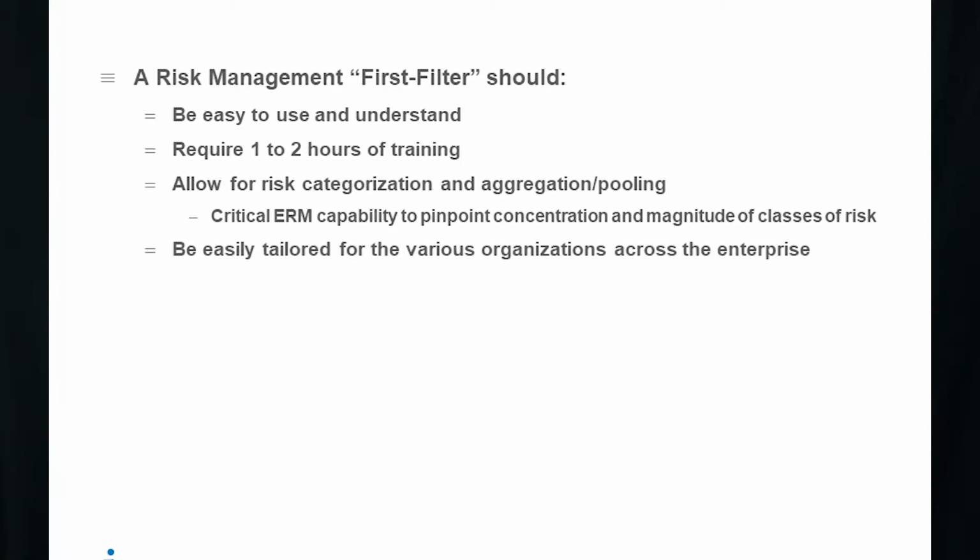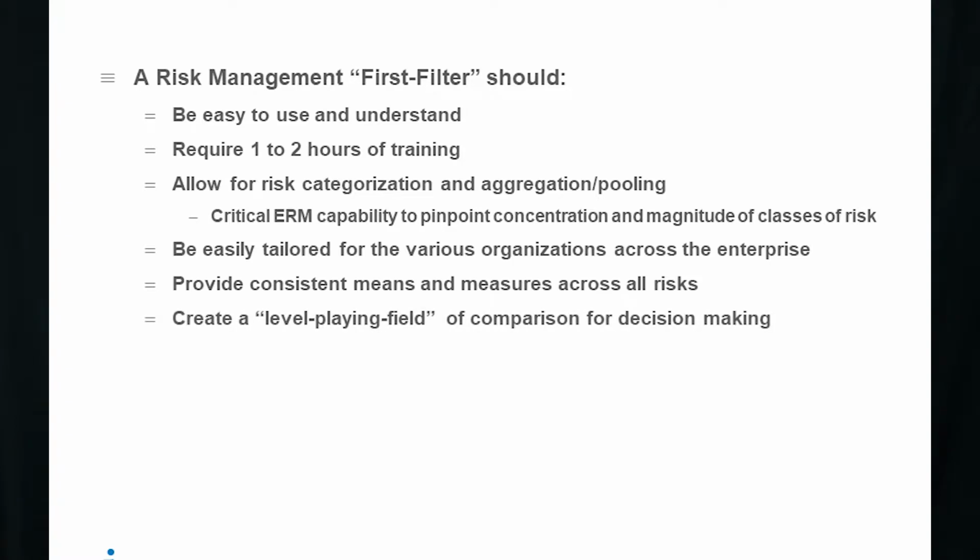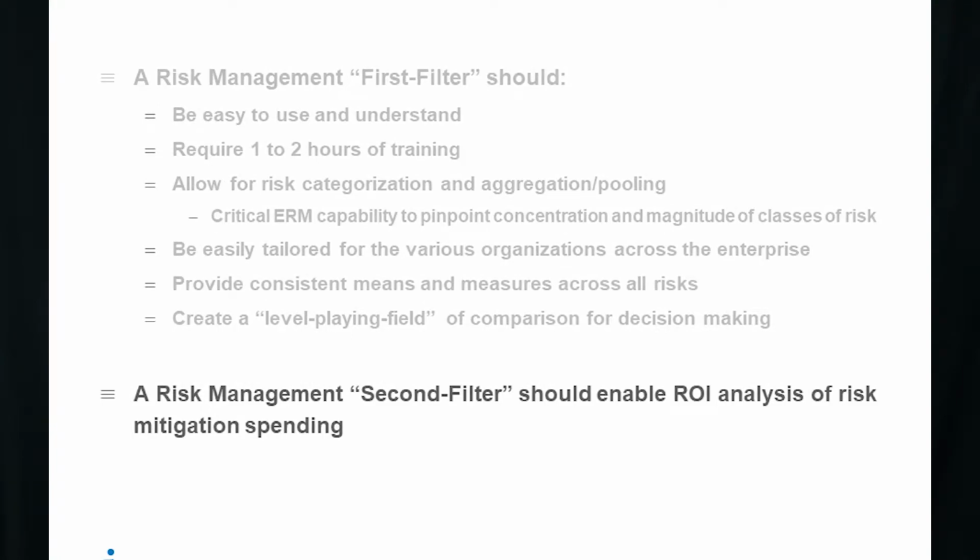It should also be easily tailored for the various organizations across the enterprise and provide consistent means and measures across all risks. And lastly, a first filter should create a level playing field of comparison for decision making.